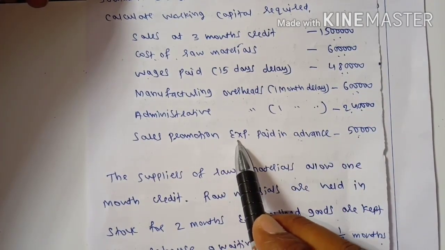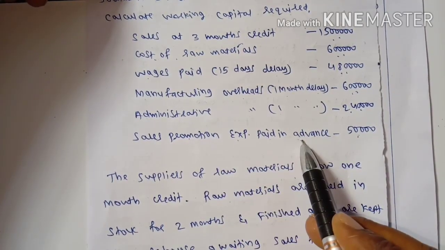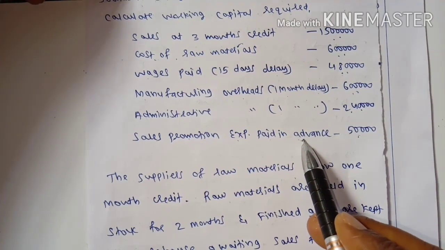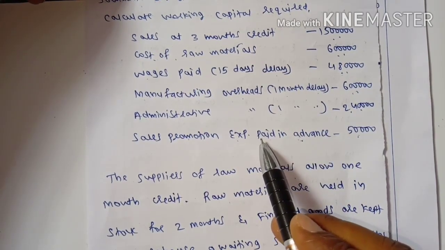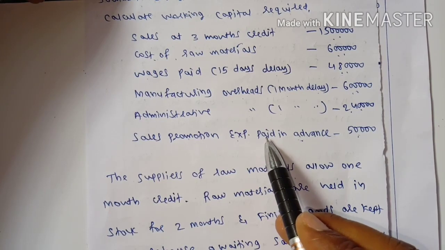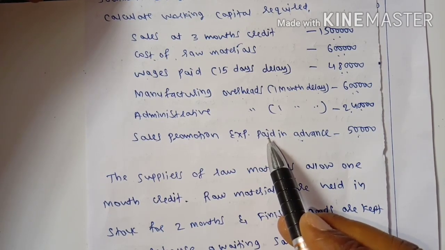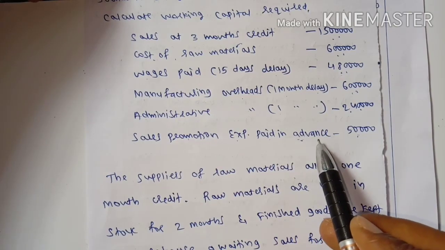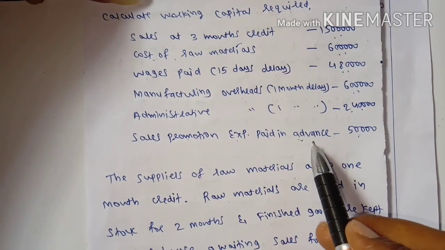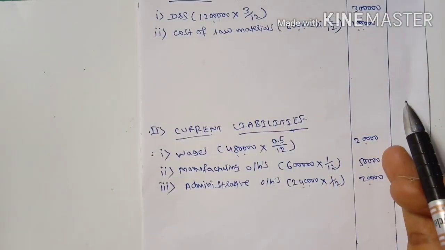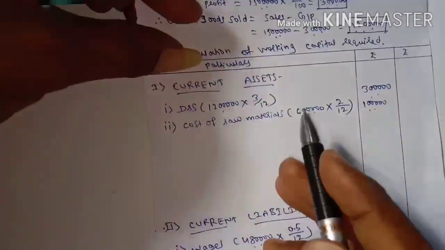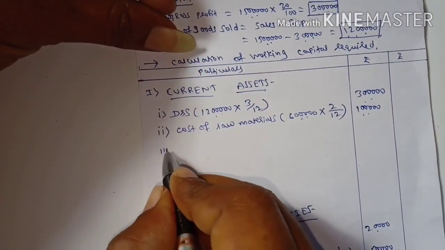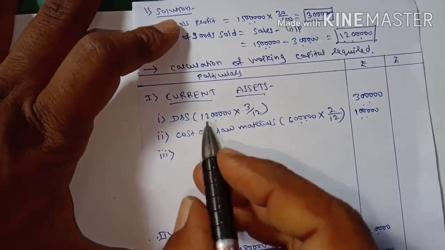Next, sales promotion expenses paid in advance 50,000. So it is an expense but it is paid in advance, so that is why it becomes our current asset. If it is outstanding for 1 month or 15 days or 2 months, then we have to record it in current liabilities. But this expense is paid in advance. When any expense is paid in advance, it becomes our asset. So I will record it over here.